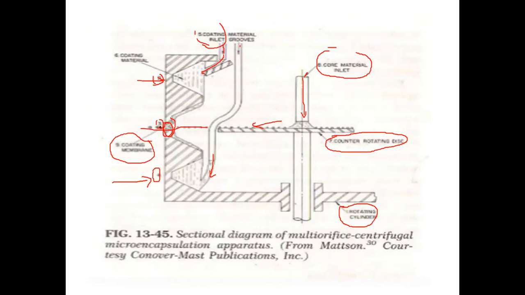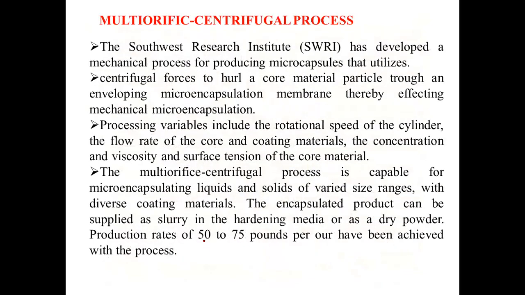So we can say the multi-orifice centrifugal process is capable of microencapsulating liquids and solids, if solids are dispersed in liquids, of a very wide size range with diverse coating materials. The encapsulated products can be supplied as a slurry in a hardening medium or as dry powders, and a production rate of up to 50 to 75 pounds per hour can be achieved with the process.